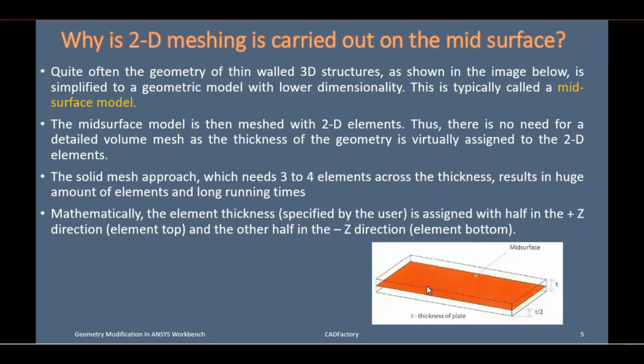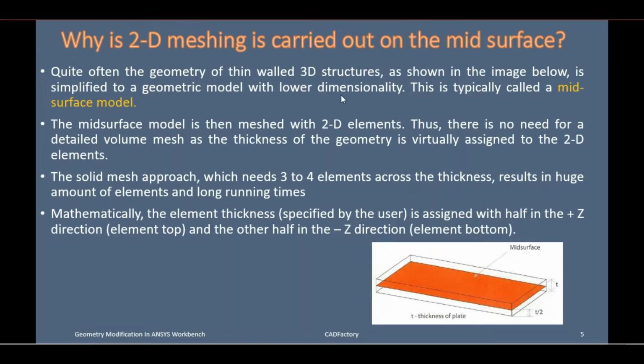Here the sheet has one dimension that is very small compared to the other 2 dimensions. So this kind of structure can be converted into a 2-dimensional structure. This can be done by using the mid surface feature. This is called a mid surface model. The mid surface model is then meshed with 2D elements.